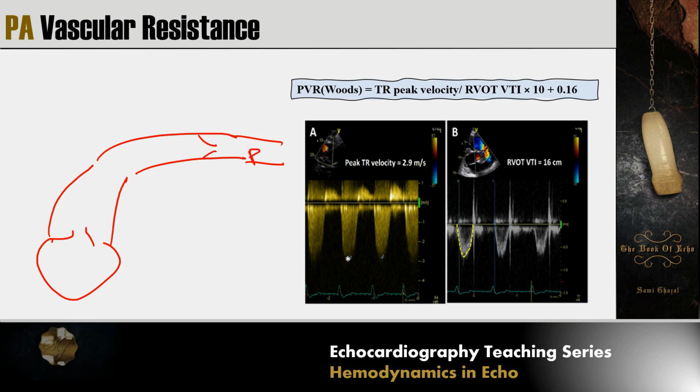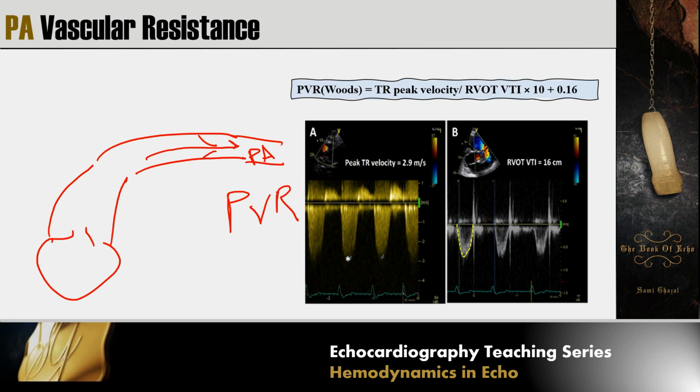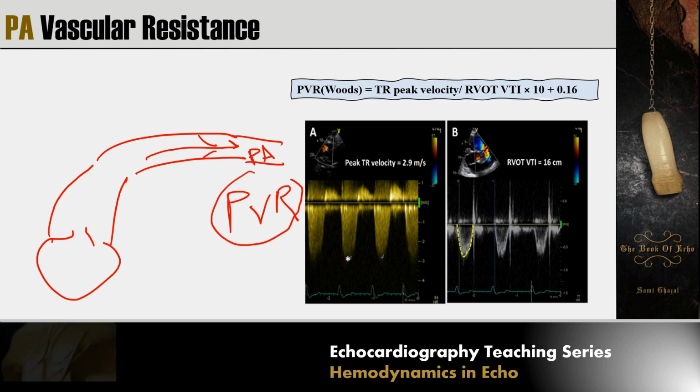The higher the PVR, or pulmonary vascular resistance, the lower flow will go forward, because now we have high resistance, and more flow will go backward through the tricuspid valve even at a higher velocity. By understanding this only, we can understand the origin of this equation.